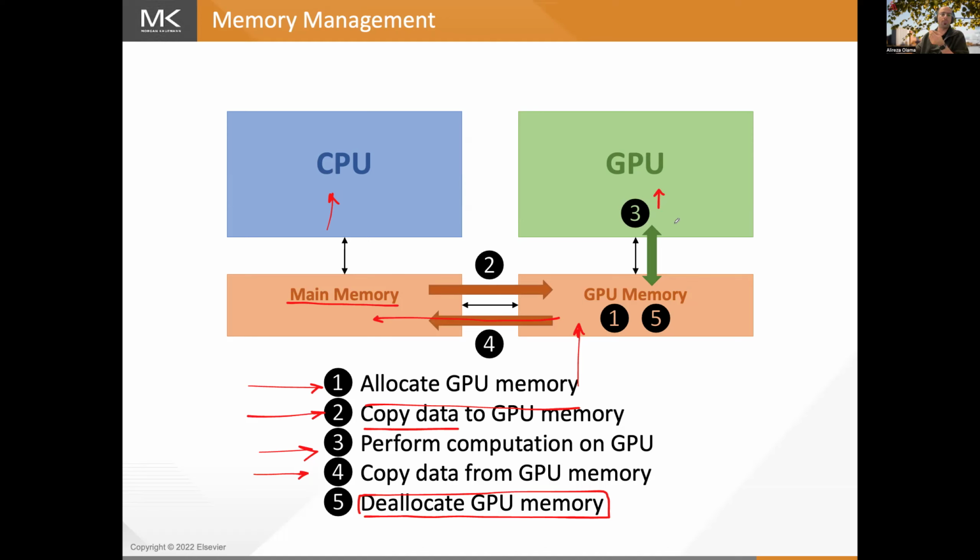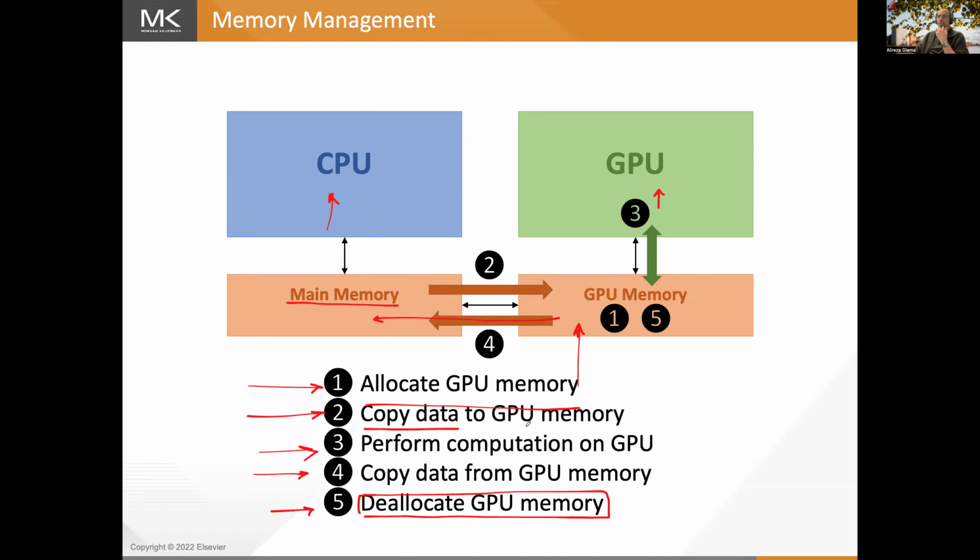So if you want to print something on the screen, or if you want to write the results to a file, you have to send the data back to the main memory. And then you deallocate the memory that you allocated on your GPU.